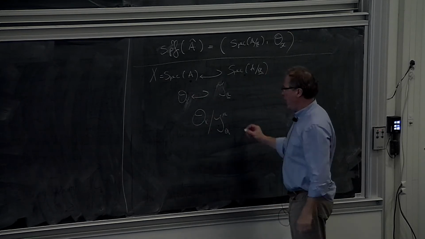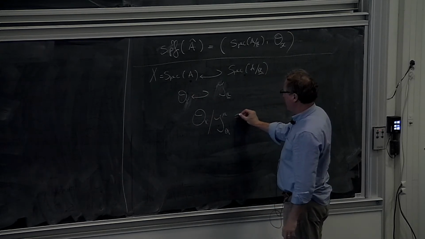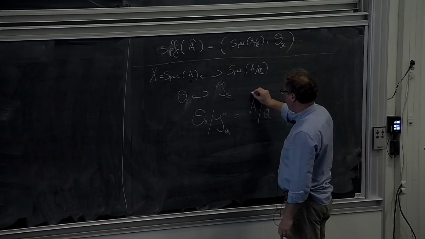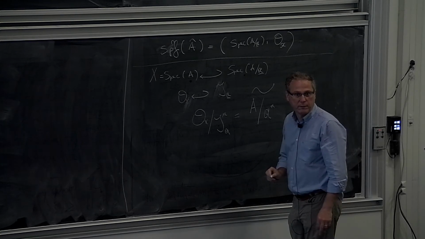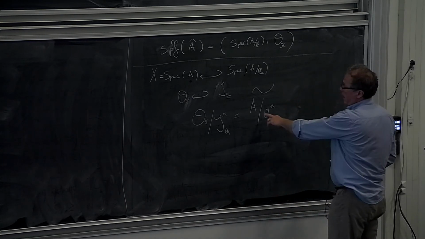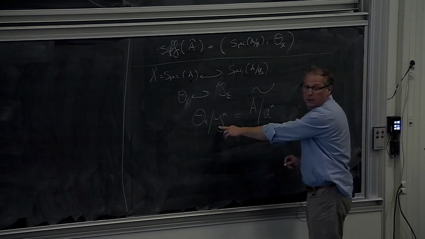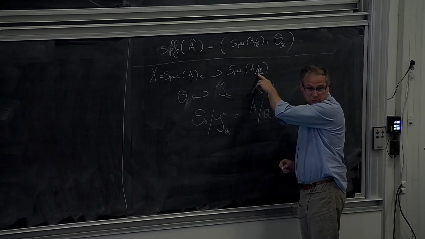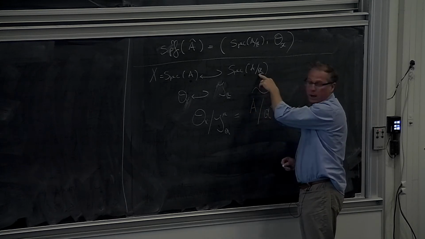And the module is just A divided by a to the power n, and the sheaf associated to this. And actually, the support of this is exactly this closed set. So this is actually a ring.